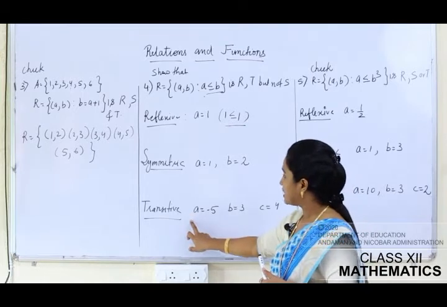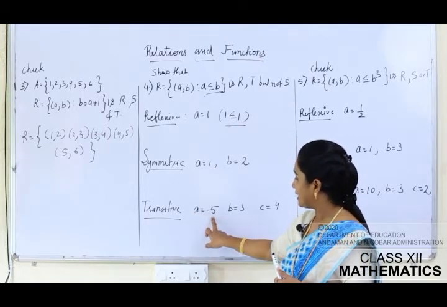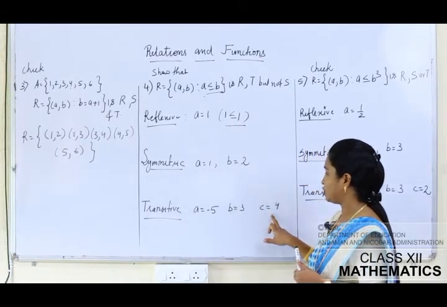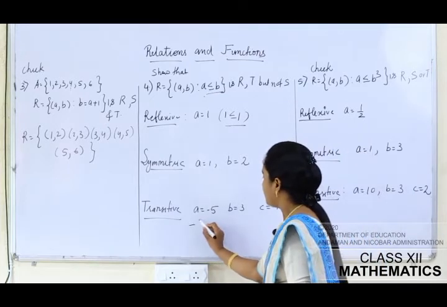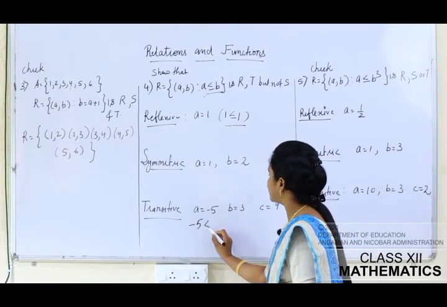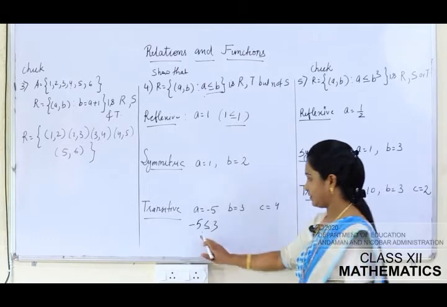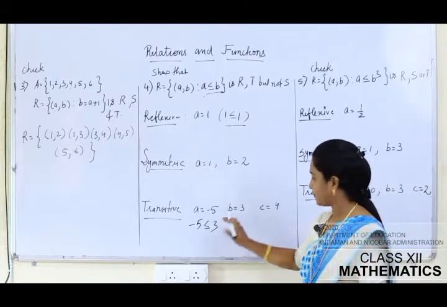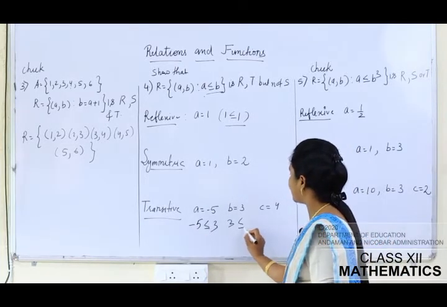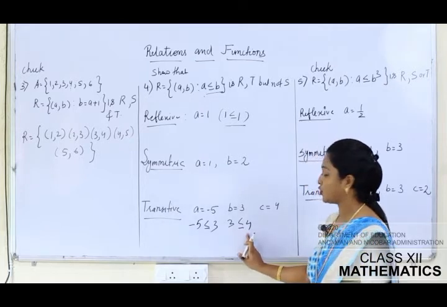Now for the transitive, if you take a is equal to -5, b is equal to 3 and c is equal to 4. So what you are getting? -5 is less than equal to 3 and 3 is less than equal to 4.